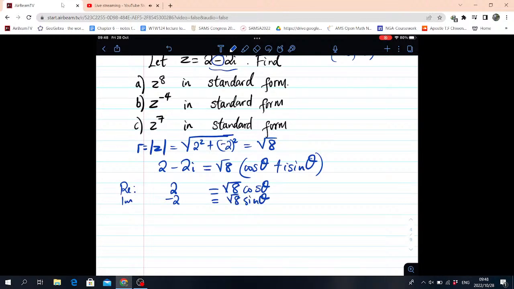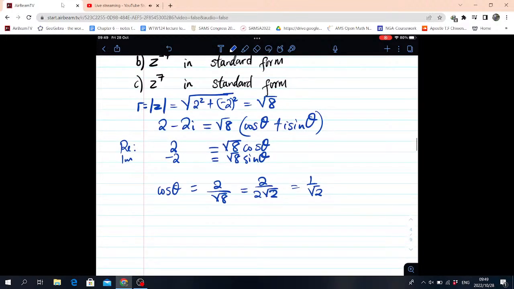If I find cos theta, I see that cos theta is just 2 over the square root of 8, which you can write as 2 root 2, and that cancels, so you're left with 1 over root 2. And so theta is going to be pi over 4 or minus pi over 4.